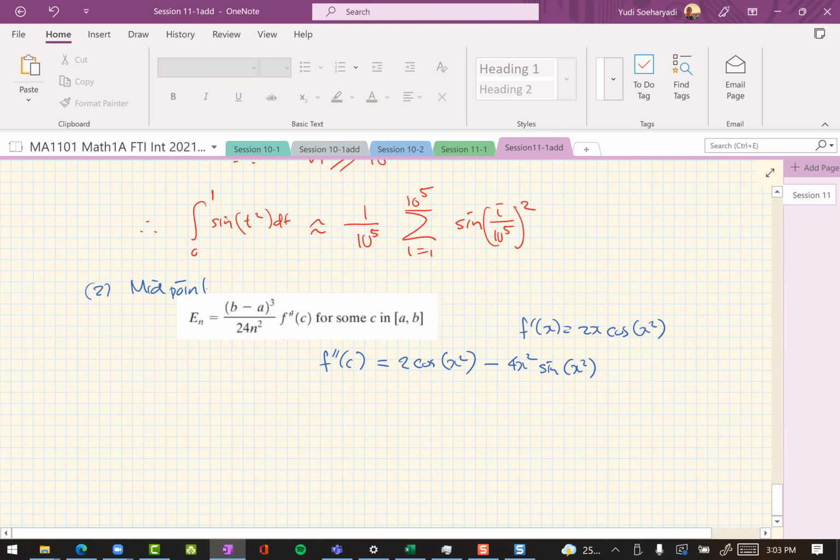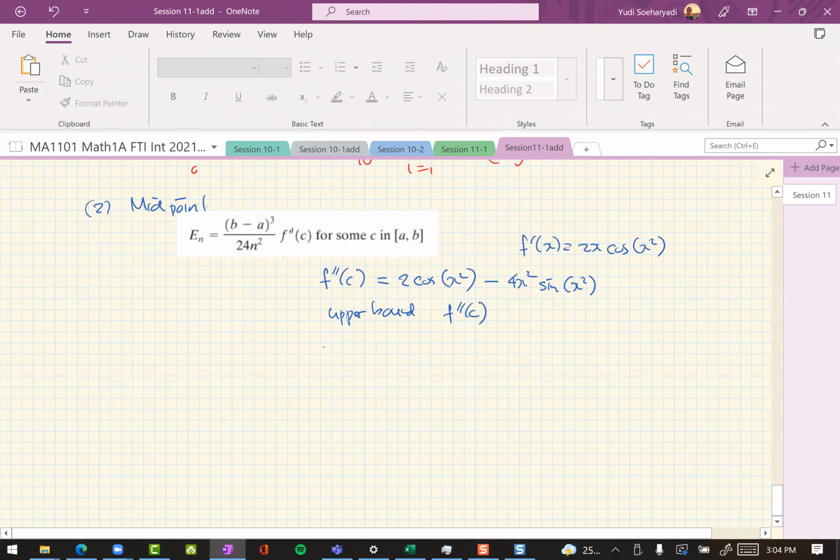Okay. All right. And then we need to find an upper bound for this. And how to compute that. As long as we deal with the trig functions sine and cosine, that's easy. Okay, so cosine, just replace it by c.